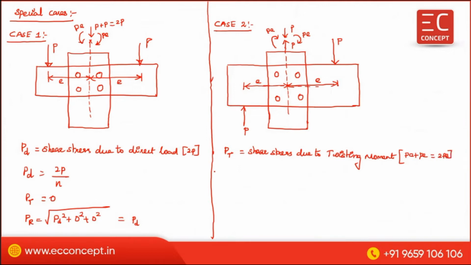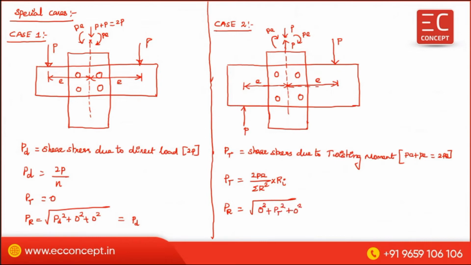Therefore, PT we can write as 2PE into Ri divided by the summation of R square, for each and every bolt. Therefore, here PR is equal to the square root of PD square, which is 0, plus PT square plus 0.